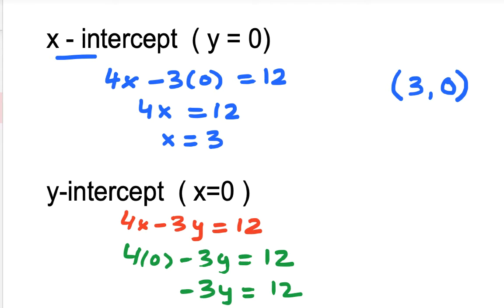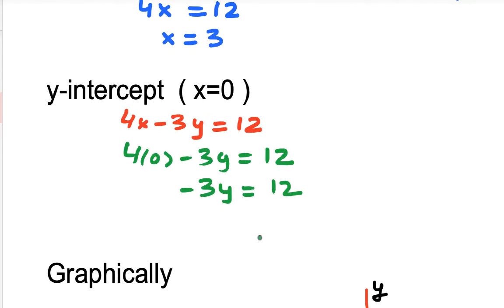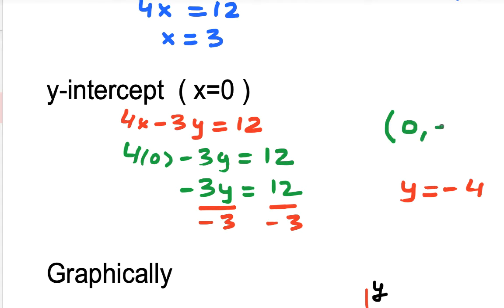We can divide this by negative 3 to solve for y. And what do we get? That y equals negative 4. Now remember, this is the y value for the y-intercept. The y-intercept is given by the point (0, -4).